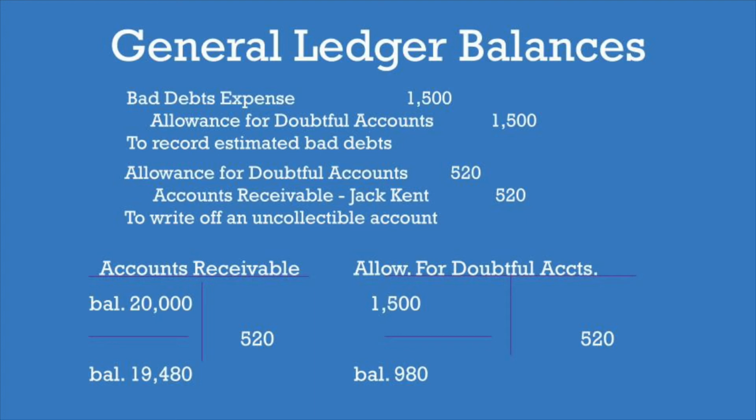It was $520, and then it was reduced by $520, so his receivable specifically is $0 now. And if we look at our general ledger accounts receivable, well, the balance in it was, say, $20,000. We wrote off Jack Kent's for $520, so now the balance is reduced to $19,480.